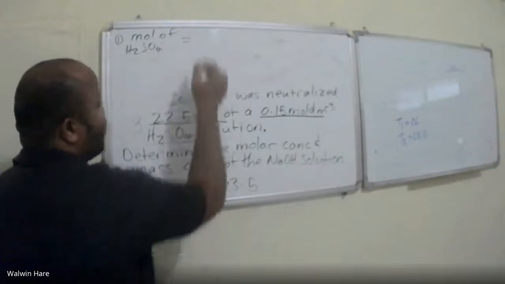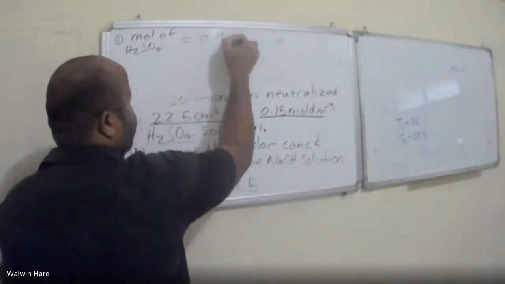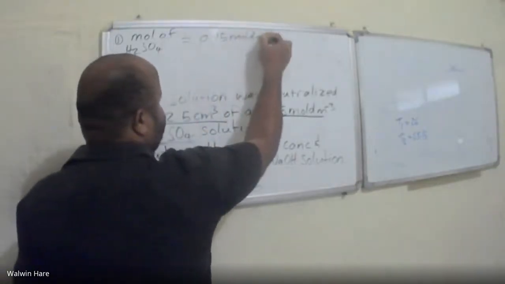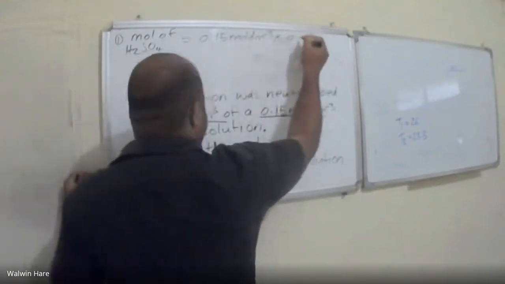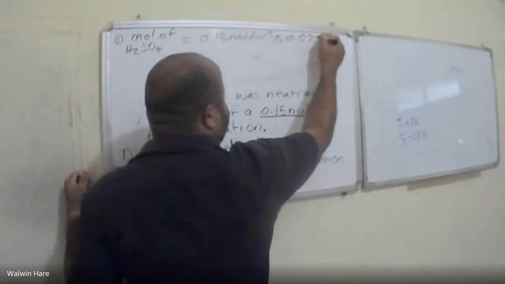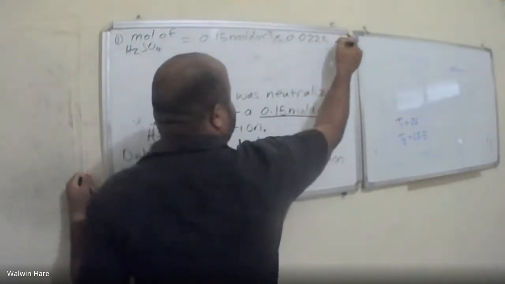So that would be 0.15 moles per dm³ times 0.0225 dm³.